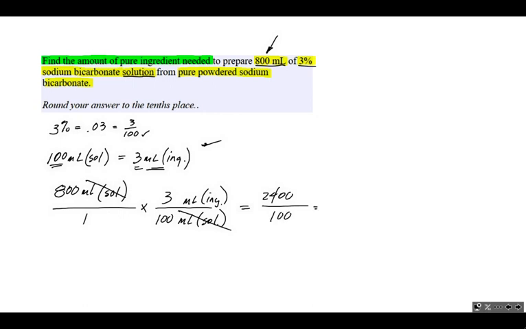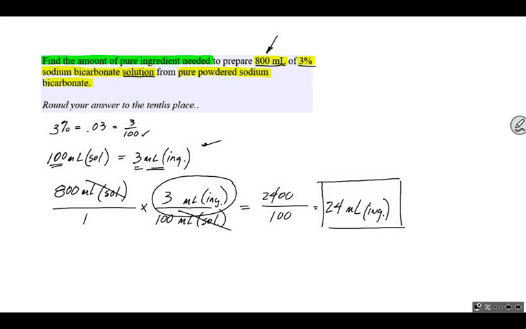Pretty easy improper fraction here to reduce down to the whole number 24. We look at what our units are that are remaining. We have milliliters of ingredient, and that is our final answer.